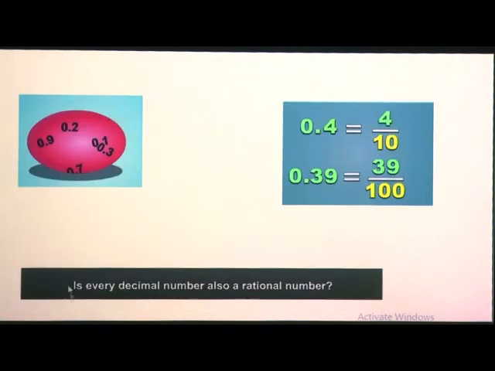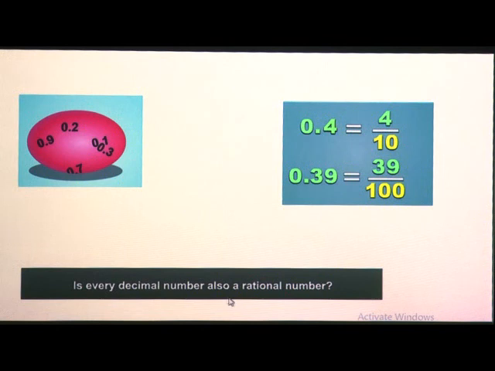Now you might be seeing some decimal numbers here. Yes, you are right, there are decimal numbers 0.9, 0.2, 0.3, 0.1 and 0.7. Is every decimal number also a rational number? Yes, you can say yes, and we will see how all decimal numbers are also rational numbers.